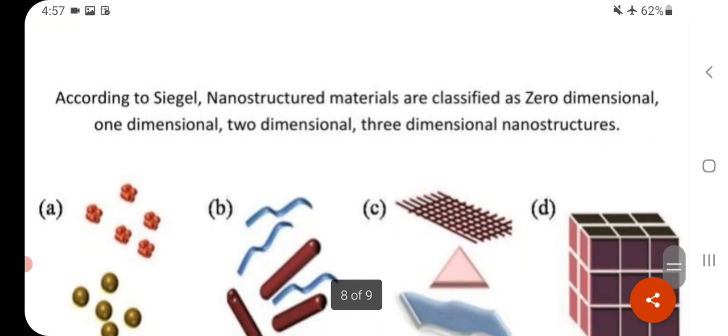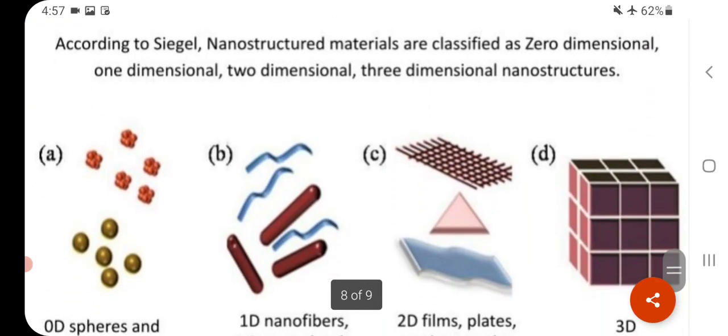According to Siegel, nanostructured materials are classified as zero-dimensional, one-dimensional, two-dimensional, or three-dimensional nanostructures. In zero-dimensional nanostructures, the nanomaterials have all dimensions within the nanoscale range, not larger than 100 nanometers.